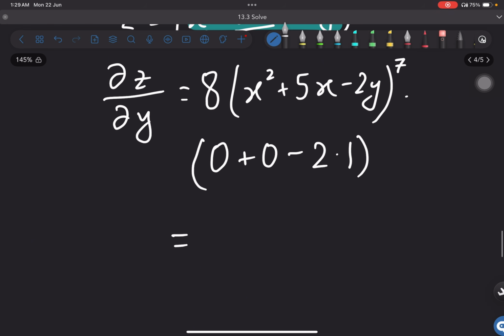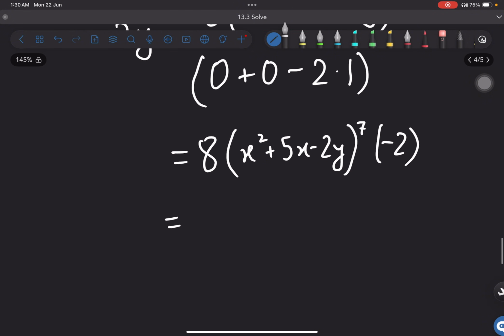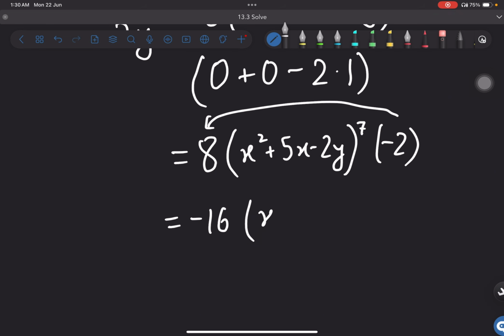And then the entire math stands to 8 times (x squared plus 5x minus 2y) to the power 7 into minus 2. And if we multiply this minus 2 with 8, it becomes minus 16 times (x squared plus 5x minus 2y) to the power 7. And this is how you can do it.